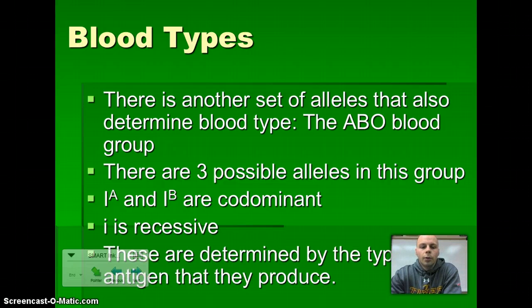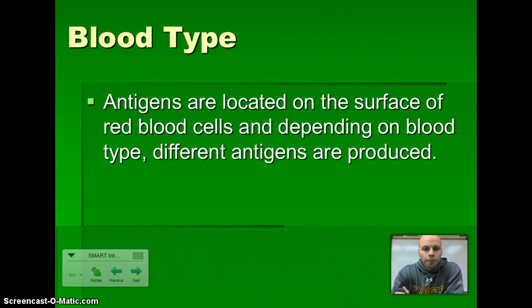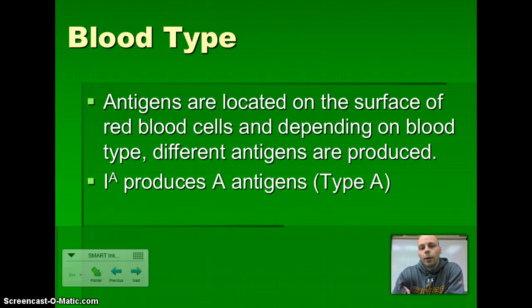These are determined by what antigen they produce. The antigen is just the marker on the blood cell. Inside your body, your cells recognize the specific antigens, and that's how your blood cells are able to transport oxygen and function with the rest of the cells in your body. With those antigens, again, type A blood is only going to produce type A antigens.